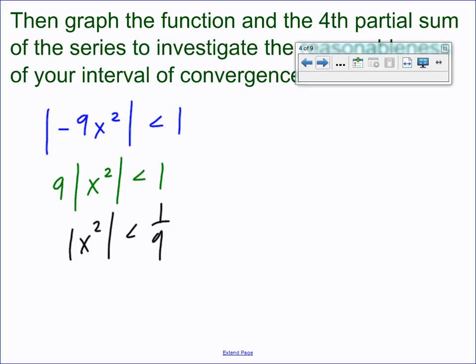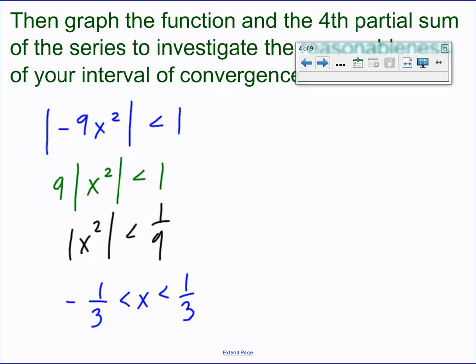Now I can undo the squaring, and the bars really are my absolute value theorem. I get the positive and negative square root of 1/9, which is 1/3. So it looks like our window of convergence we anticipate to be between negative 1/3 and positive 1/3.